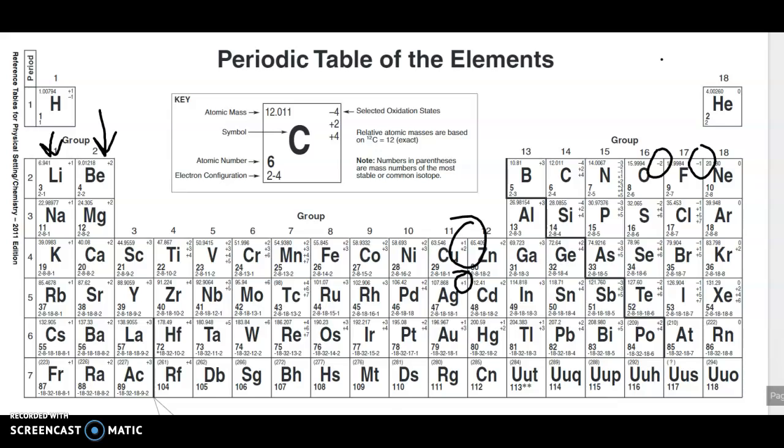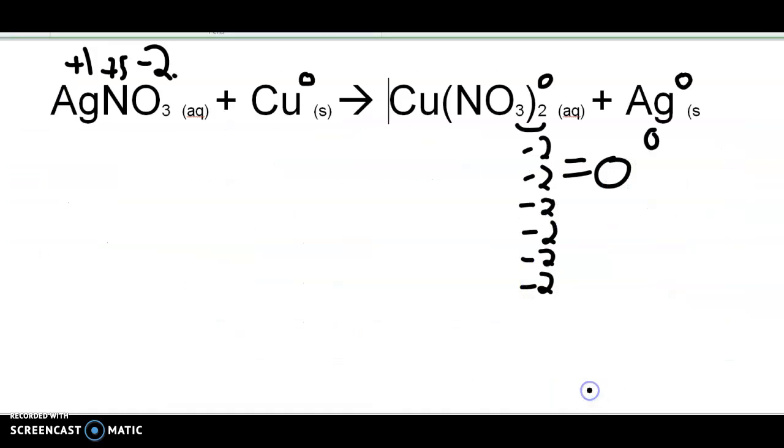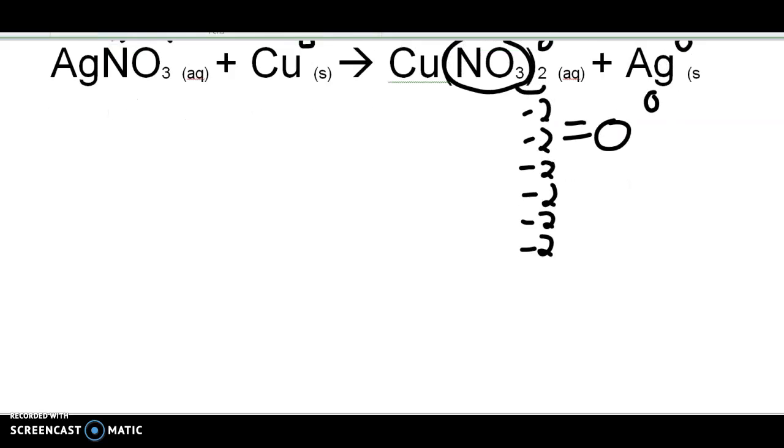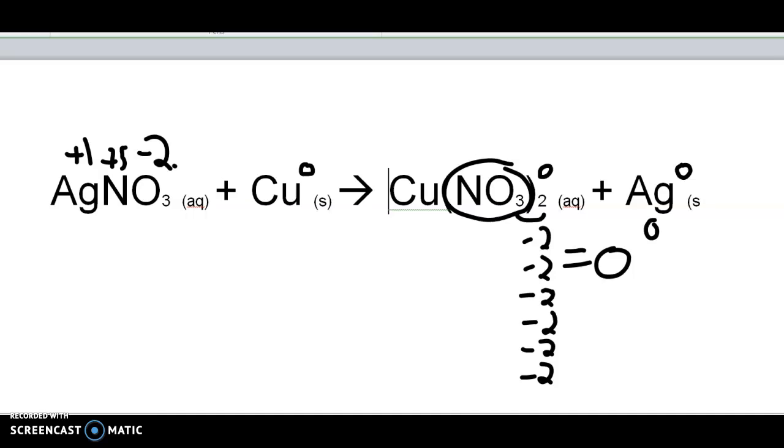So we have to do the same situation that we did before, where we know that each nitrate, each NO3, is negative 1 charge. So I'm going to change colors and make it red. Each NO3 is minus 1, and there's 2 NO3s.